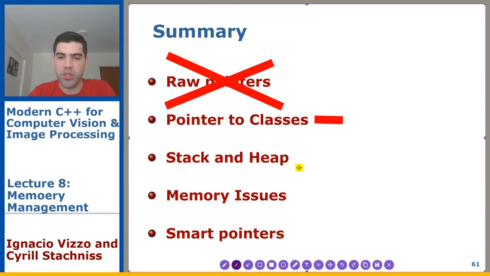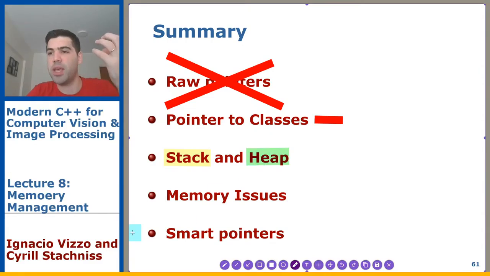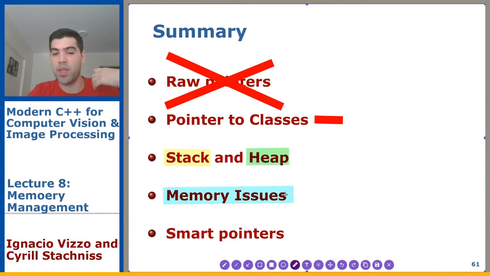We also saw an introduction, and this is super important to me, that you understand the difference between the stack memory and the heap memory, two types of memory on your system. We also saw that if you think you are smart and you manage the heap memory by hand, you will end up with memory issues. And even when you try to wrap up functionality into classes, you will see errors and memory issues. That is one of the most common issues in C++ programs.